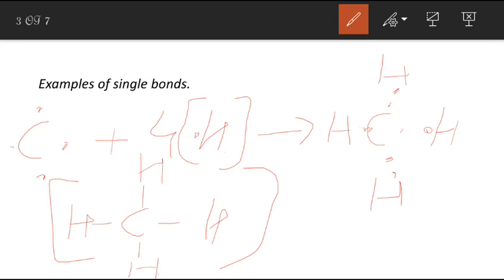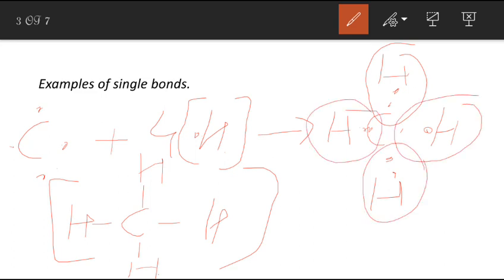So here you will see this is the electron dot structure of methane. Each hydrogen will share an electron with carbon, and its stability will be gained, and carbon will share 4 electrons with the 4 atoms of hydrogen.